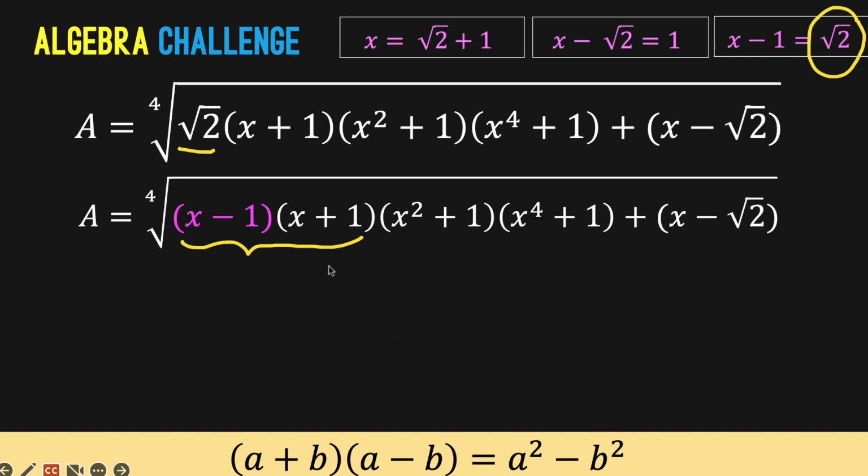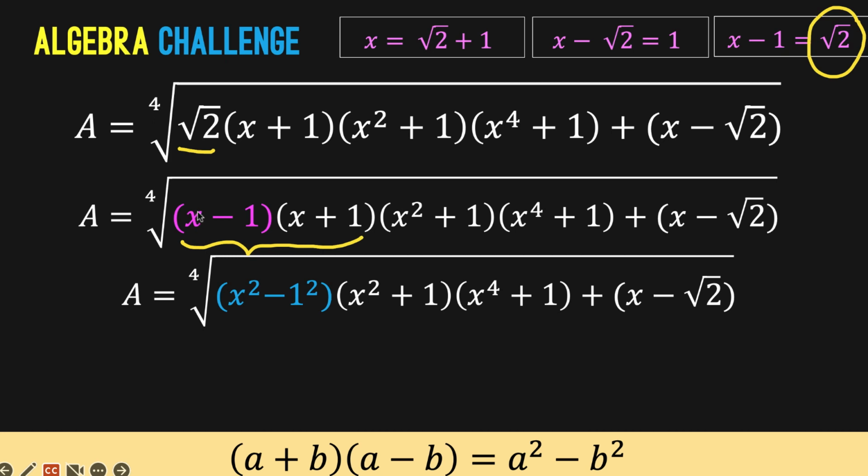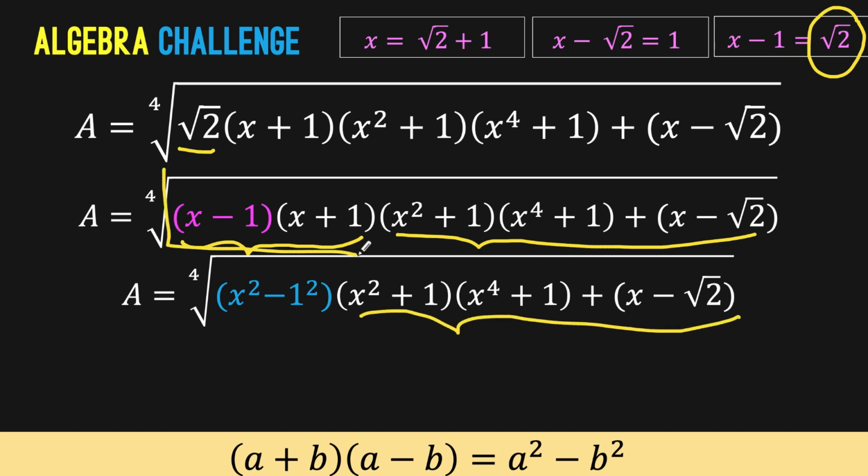And multiplying this special product resulted to the square of a, which is now our x squared here, and the square of b, which is now our 1 squared. From this part until the end, we just copy them. It was this part that resulted to this blue quantity here.